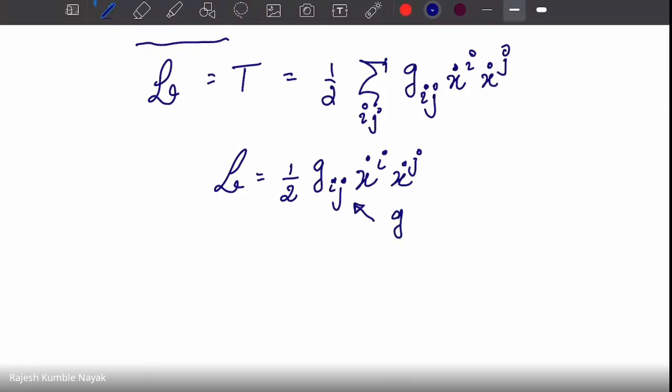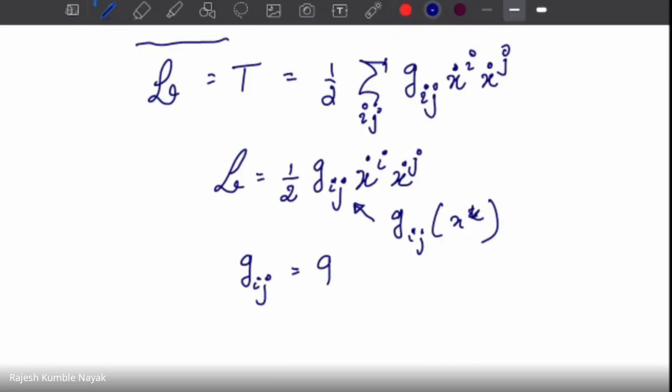G_ij will depend on the x^k. So it is position dependent, but it doesn't depend on the velocity. So that is a point which we need to remind. And the second point which we need to understand here is that G_ij is a symmetric matrix.